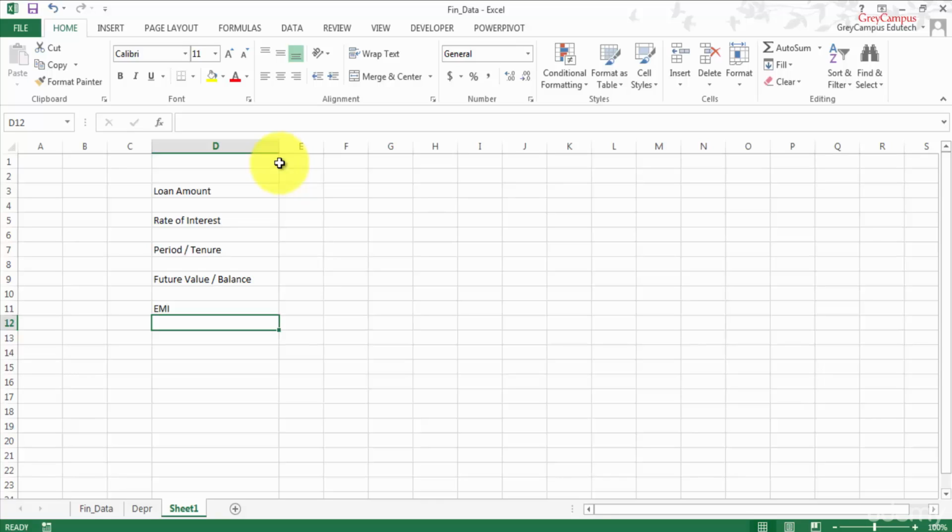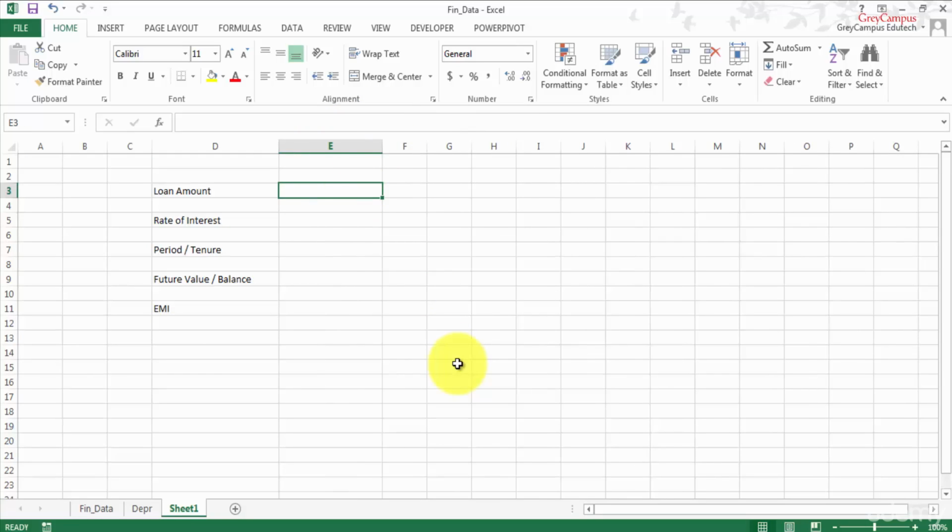One thing we have to understand from a financial data perspective is what these terms are known as in Excel. So first of all, let's take a situation. There's a loan amount of 1 lakh for which I want to calculate the EMI. So we have entered 1 lakh. Now this is case 1. So I can say case 01.